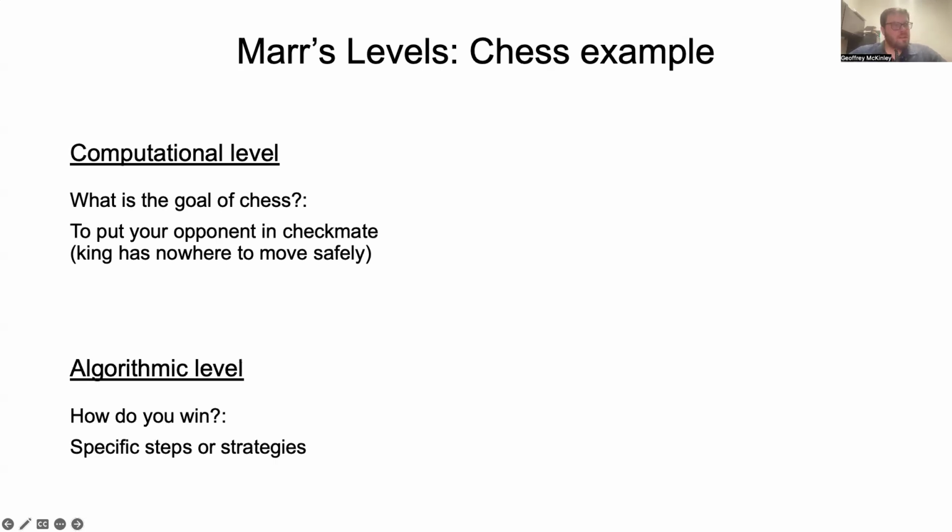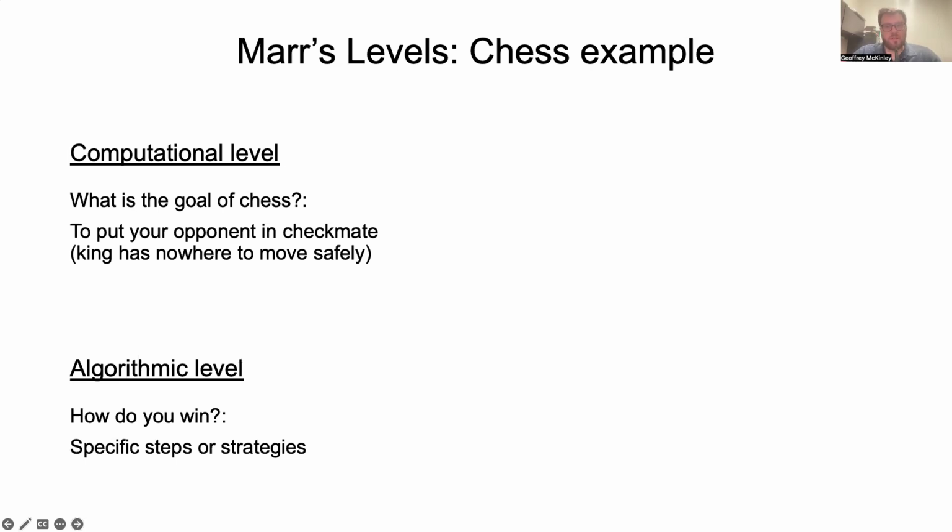Whereas the algorithmic level is about, how do you win? What is the solution, or the specific steps or strategies to go from the initial configuration of the chess pieces to checkmate, so that's your input and output. For the algorithmic level, is there an algorithm that can achieve this goal, right? If you were to program an algorithm, you might have a series of if statements.